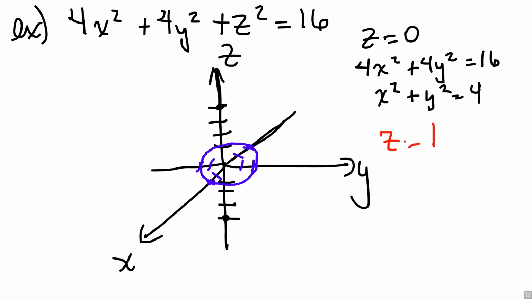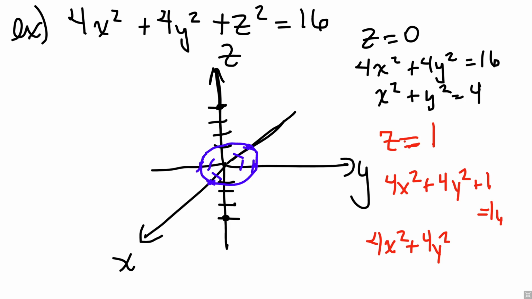Well, let's think. If z is 1, that means I'm going to have 4x squared plus 4y squared plus 1 is equal to 16. Or 4x squared plus 4y squared is equal to 15. So this is still going to produce an equation of a what?